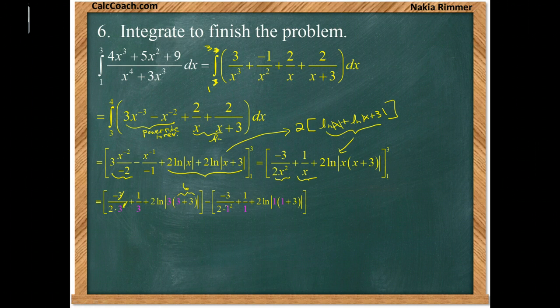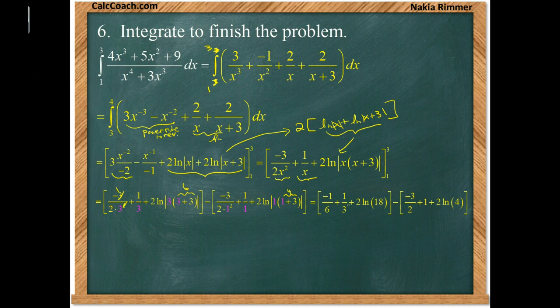These guys are just 1s, so that's just a negative 3 halves and a positive 1. And over here, we just have a 4. All right, so we have negative 1/6. This guy's a 1 when you cancel. Negative 1/6. Positive 1/3 plus 2 log 18. And over here, we'll have a negative 3 halves, a positive 1, and 2 log 4.